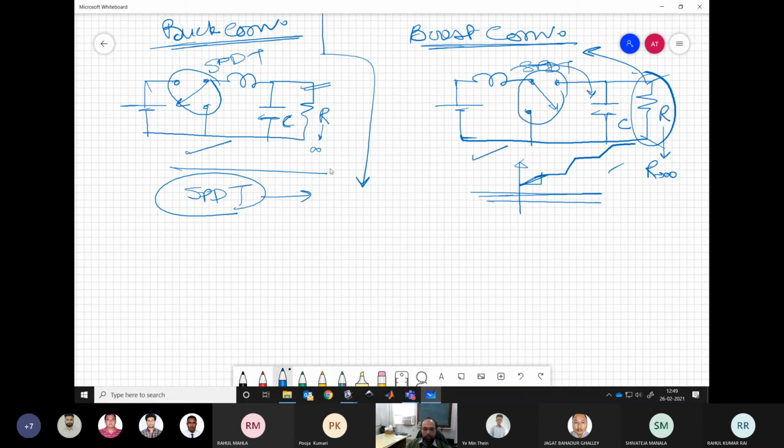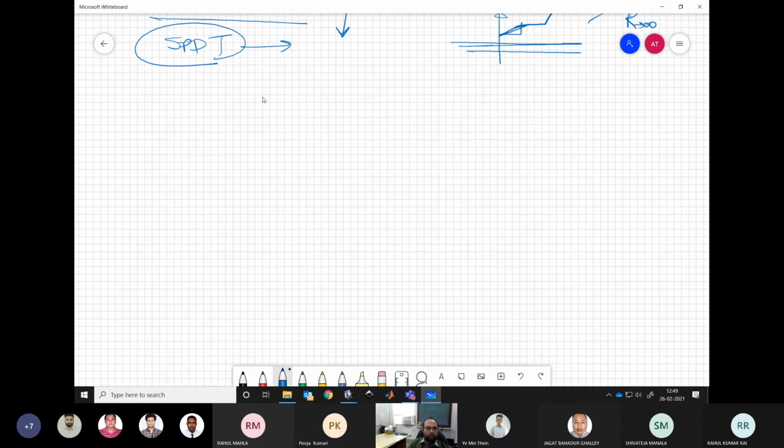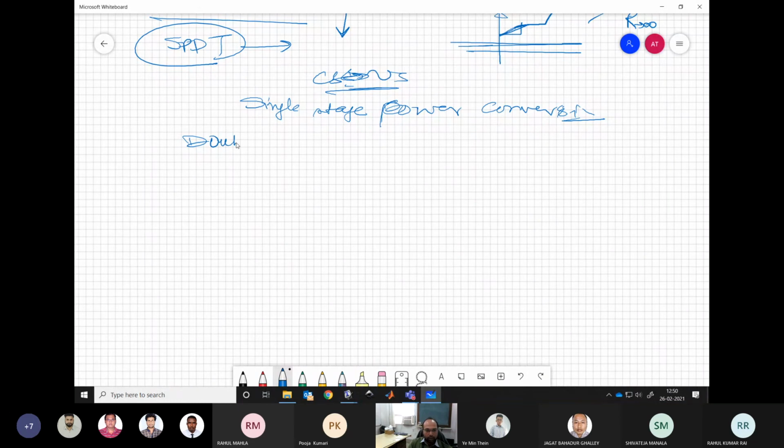Now, there could be some converters where, this is all single stage power conversion. So whether we are going for current source to voltage source or vice versa, we are having only one stage. Now there could be power converters which have double stage power conversion. Now in double stage power conversion, what we may have?